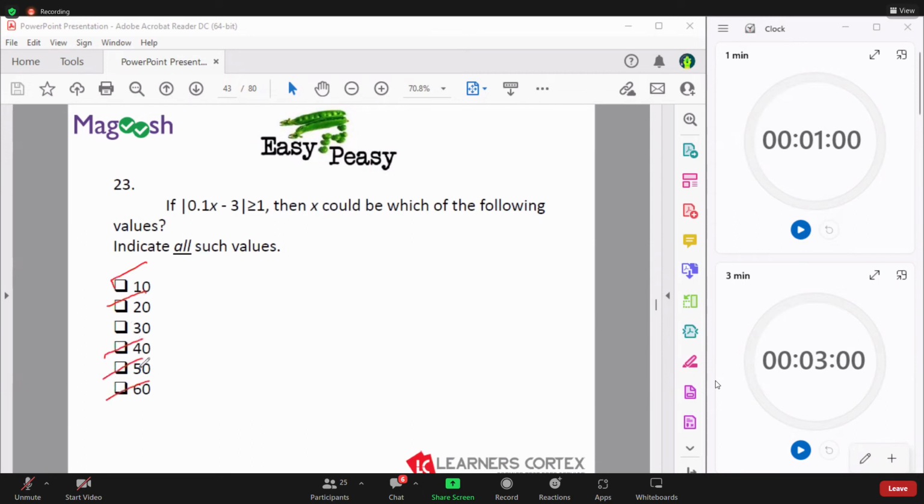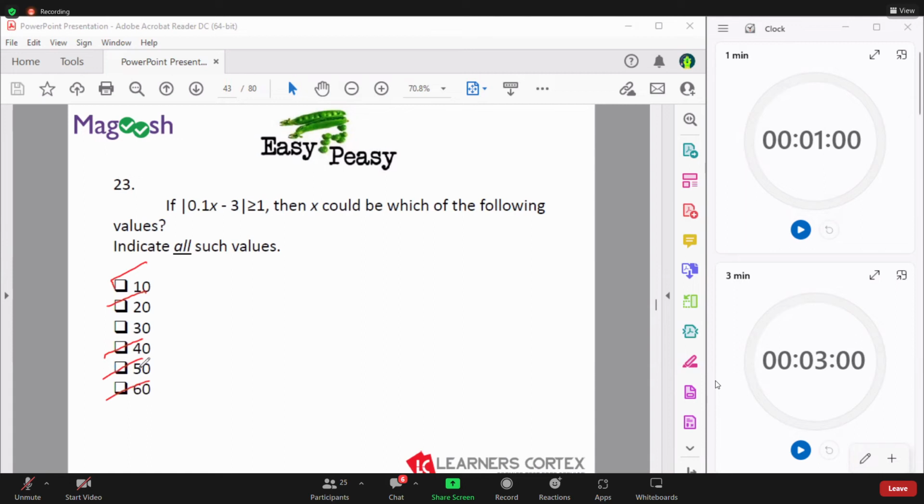The thing is, this here is a very simple inequality. In the GRE test, there will be inequalities which will be a bit difficult, or not necessarily difficult, but longer to solve if you start substituting all the values.